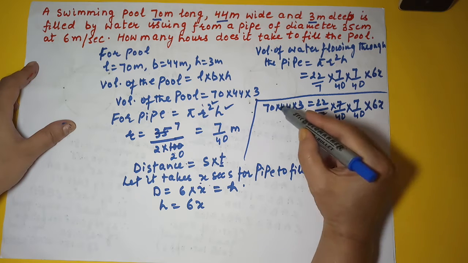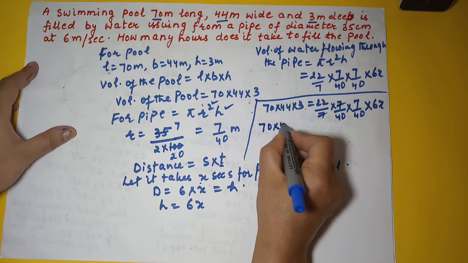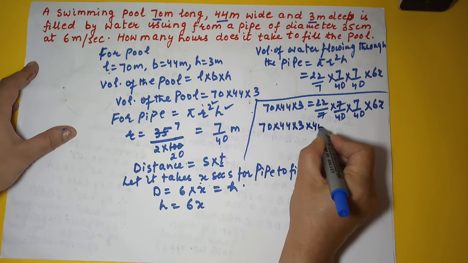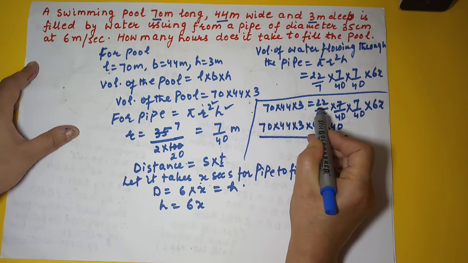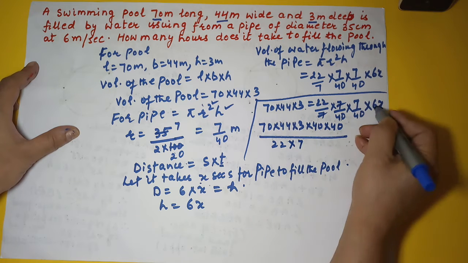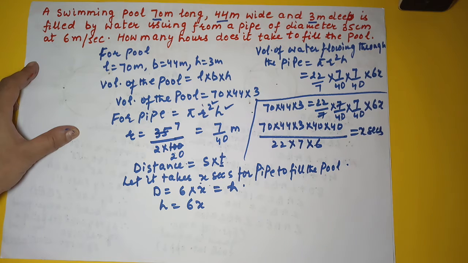So now I will cross multiply everything here. I'll get 70 into 44 into 3 into 40 into 40 divided by this 22 into 7 into this 6, that is equal to x seconds, right?